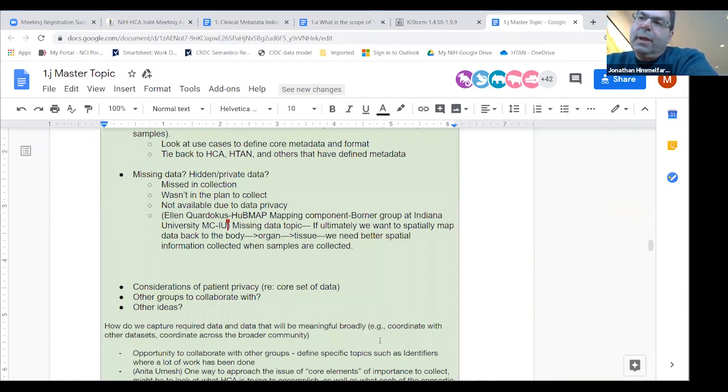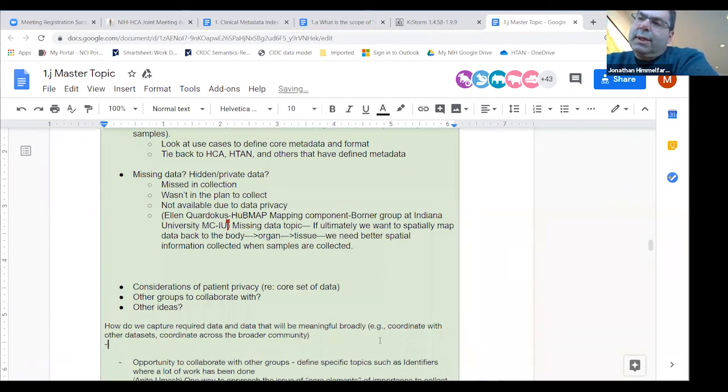And then we work with all the other consortia that we know that are working in the kidney space in clinical studies or observational cohort studies, all the other NIH-funded studies, but also globally, to see if we can come up with common definitions for all of the terms that go into our data sets.